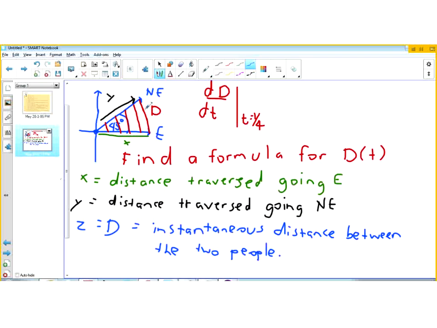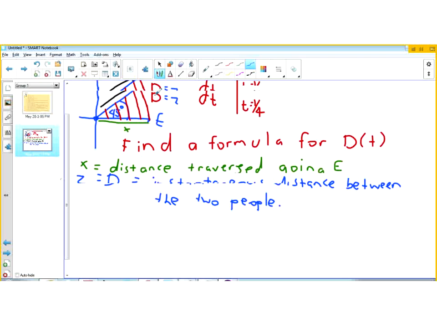Okay, all right. So now, what is z in terms of x and y?